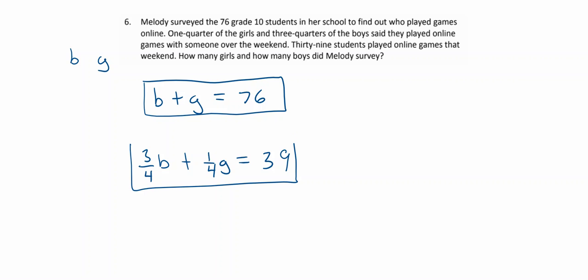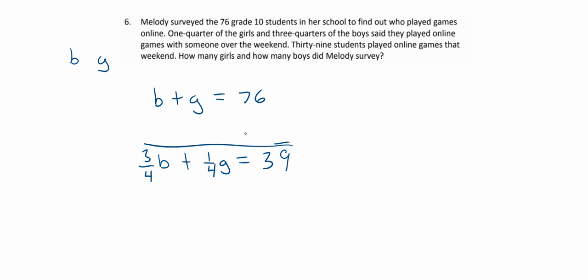So now let's figure out how we can set this up. I want to cancel either the B's or the G's. I feel like it might be a little easier to cancel the G's here. I'm going to write it a little closer. B plus G is equal to 76.